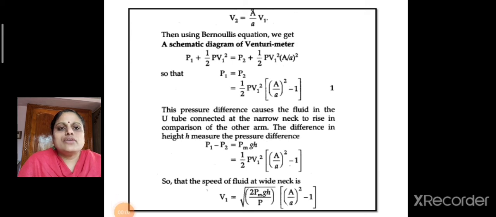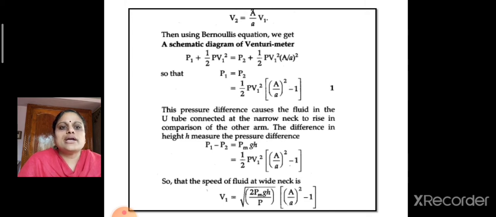So, P1 minus P2 is equivalent to half rho V1 square into capital A divided by small a the whole square minus 1. This pressure difference causes the fluid in the U-tube connected at the narrow neck to rise in comparison to the other. The difference in height measures the pressure difference.